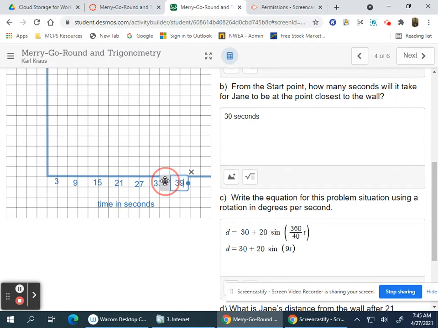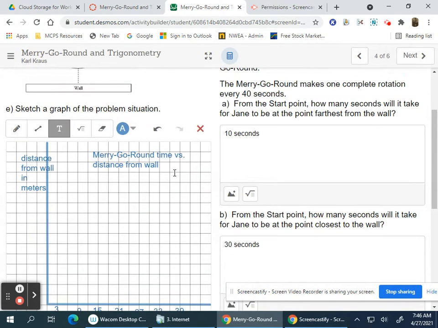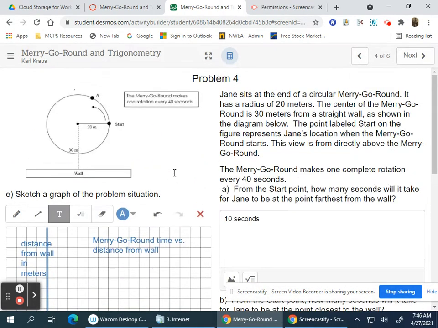So that's not too bad there. So scale 3 on the X, and then on the Y, your maximum is going to be 50 and minimum 10.